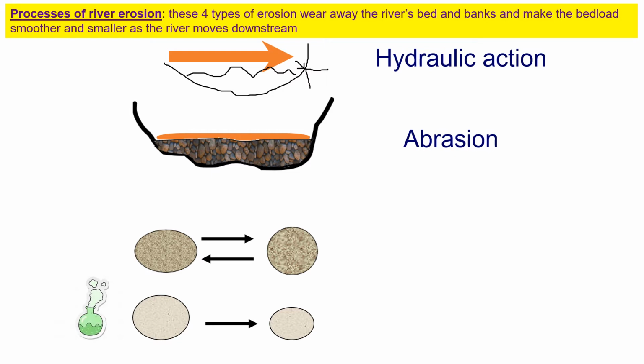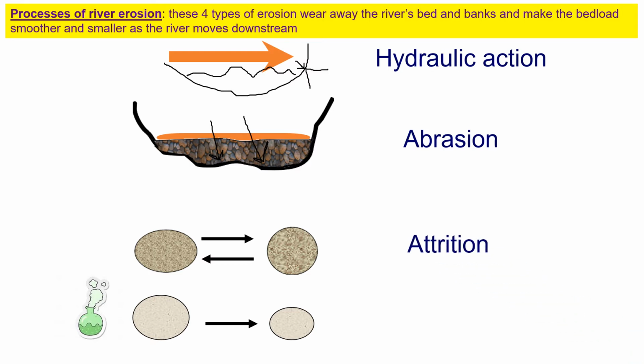You've got abrasion next. Now abrasion is the rocks literally wearing away the riverbed like sandpaper. Okay, so just imagine sandpaper and it's kind of smoothing out the riverbed. That's exactly what rocks are doing. So as they're transported in the river, they're actually wearing away the riverbed at the same time.